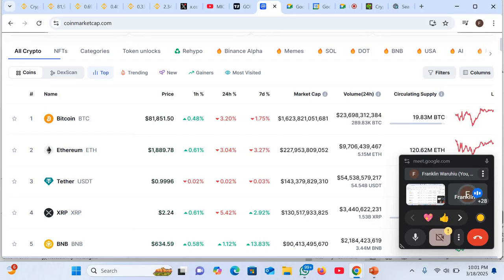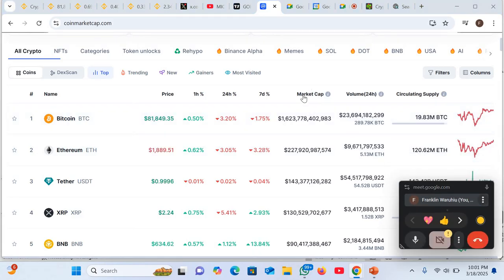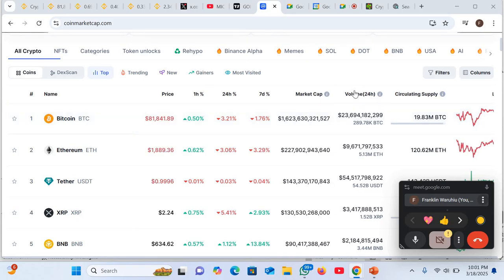Below here, you are able to see all crypto, their price, and the change in price in 1 hour, in 24 hours, in 7 days. And also you are able to see what we just covered when I discussed the crypto metrics. You can clearly see there is market cap. It also captures volume in the last 24 hours, and it also captures the circulating supply.